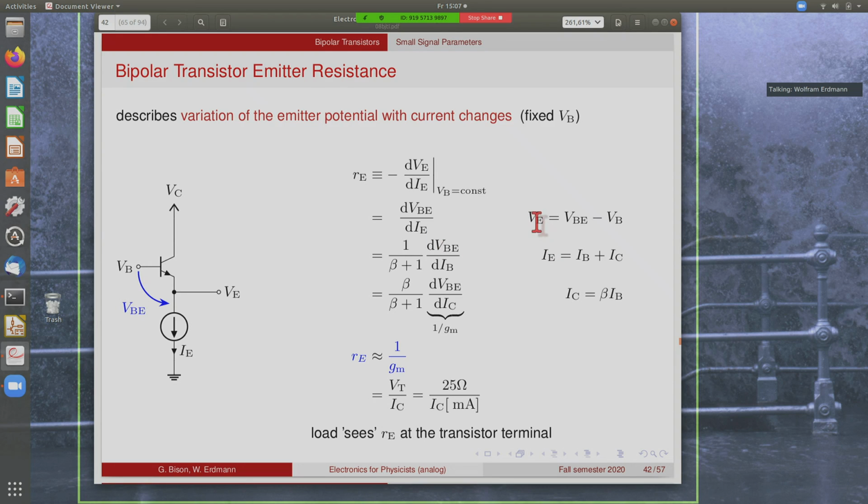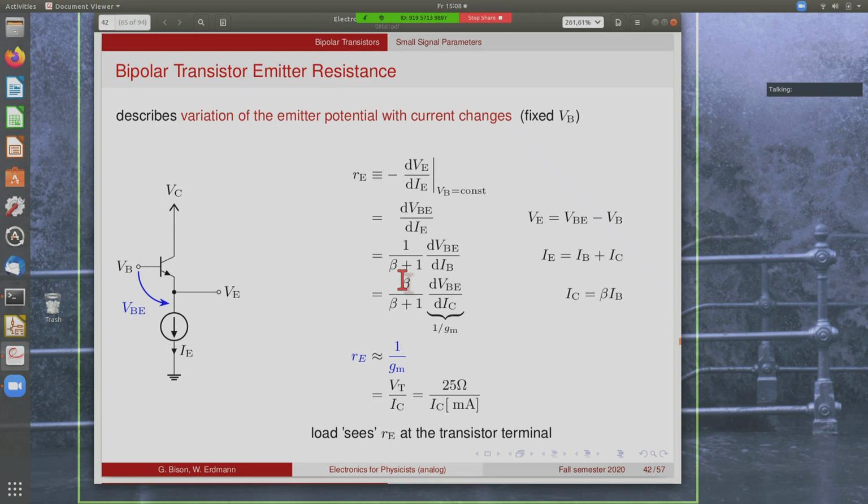Now the emitter voltage is the difference. So yes, we get this because the emitter voltage is the difference between the base emitter voltage and the base potential. So that's why we have this here, and we get rid of the minus sign here.